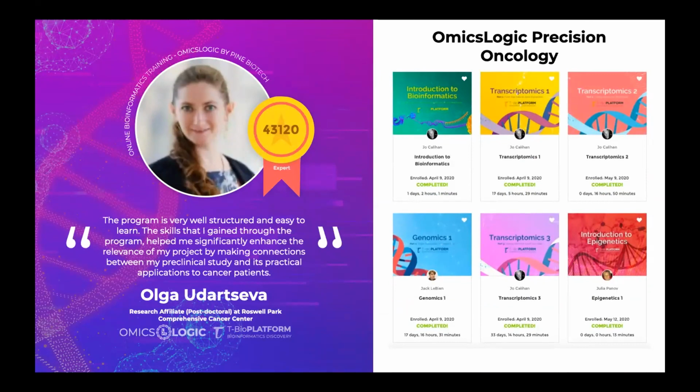Olga here is our previous participant from the OmicsLogic precision medicine program, and she completed her training and then worked on a unique novel project on cancer. After completing this training, you will be more confident and experienced in multi-omics data analysis. How to reach there and how to achieve that is something that we will go through in this entire 1 month program. But here you can see a batch associated with her.